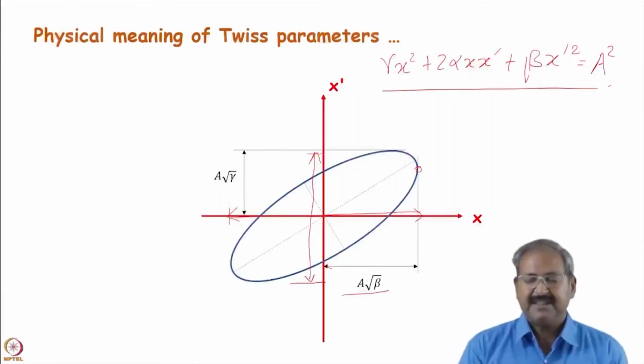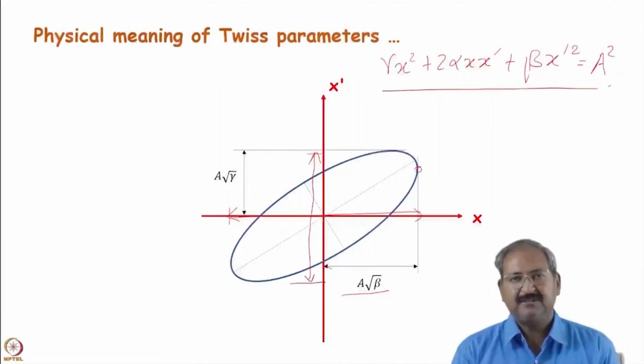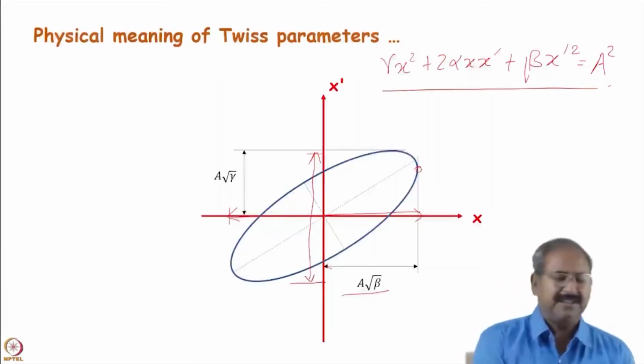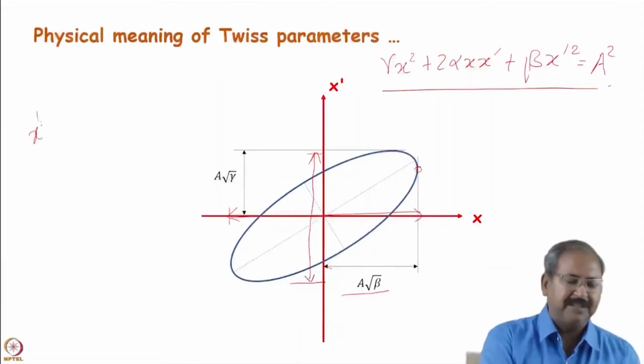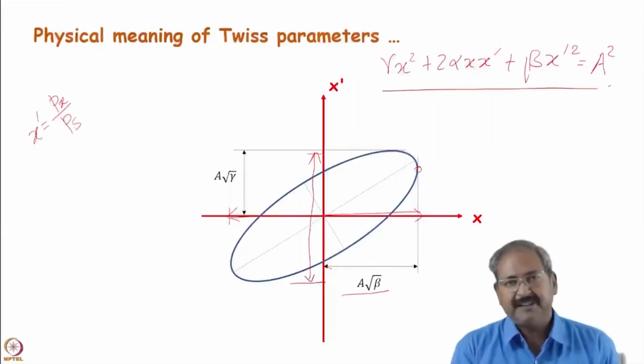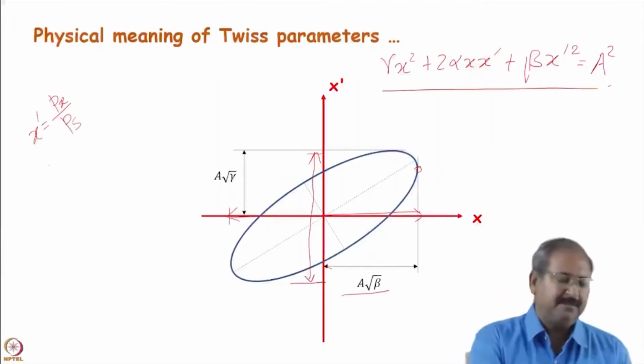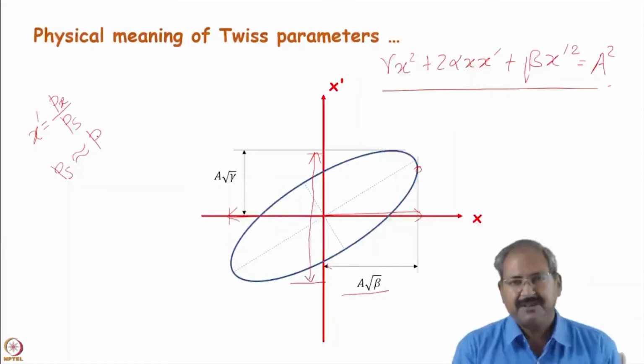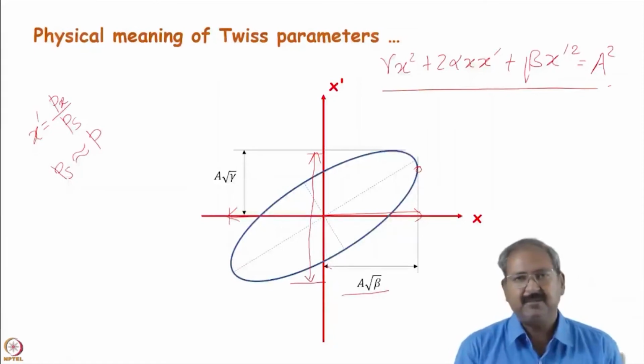However, Liouville's theorem is in the phase space, and we are talking about x and x prime. What is the relation between x prime and phase space? You can see that x prime is basically px upon ps. And already we have seen in the paraxial approximation that ps is approximately equal to p, which is a constant because a magnet doesn't change the momentum.